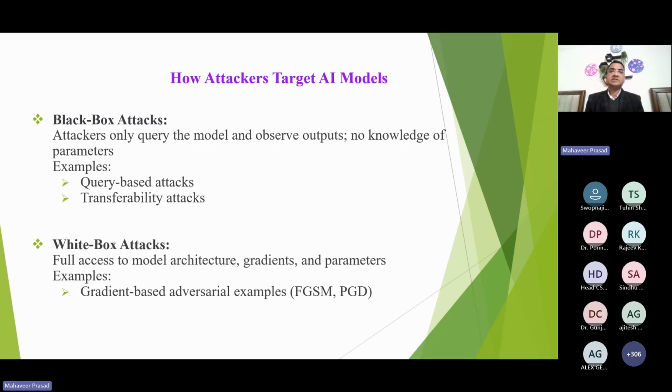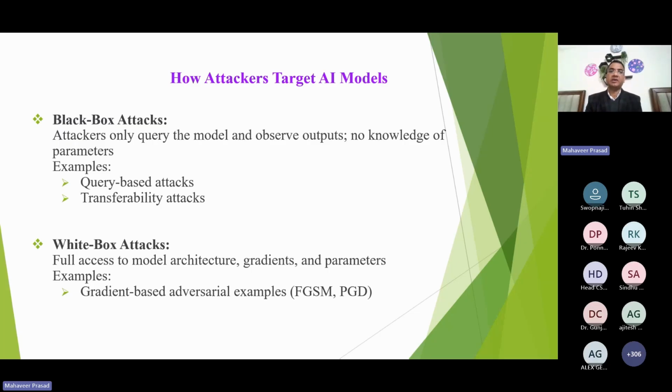So what are the basic techniques the attackers are using? These are the two main things: black box attacks or white box attacks. In a black box attack, you do not have the internal knowledge of the model.